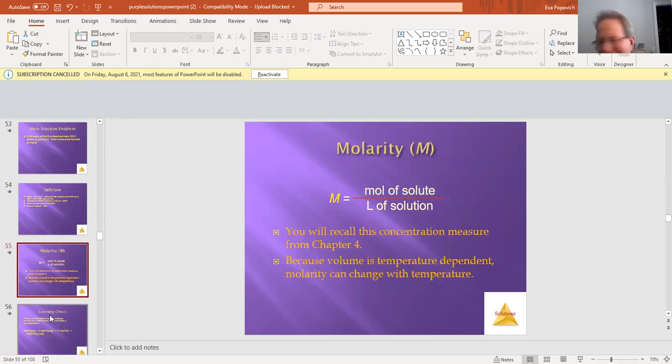I'm going to skim very much over molarity because basically you should have had molarity back in Chem 1. And molarity is moles of solute divided by liters of solution. Keep in mind, volume is subject to temperature.